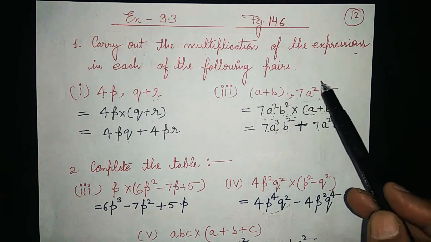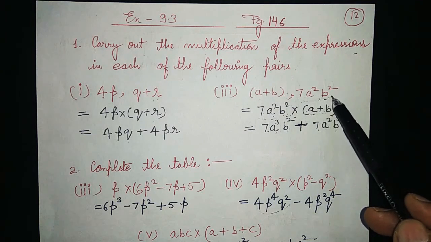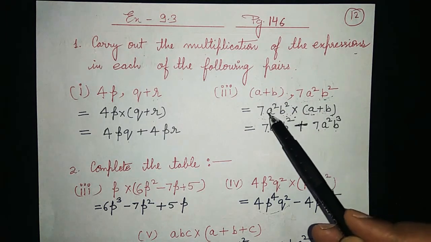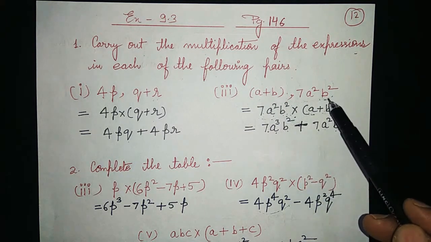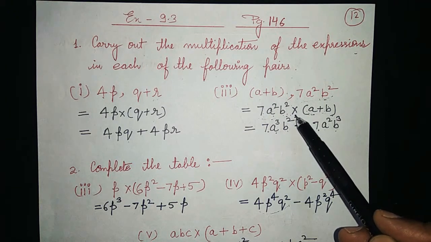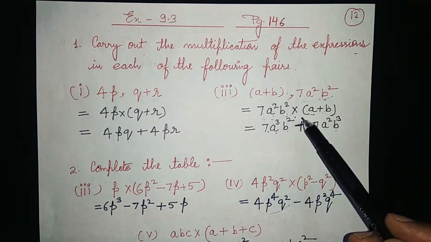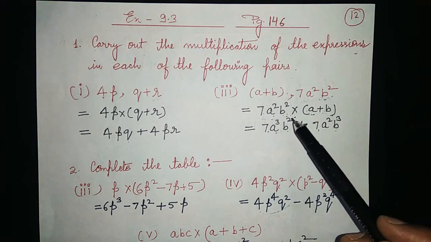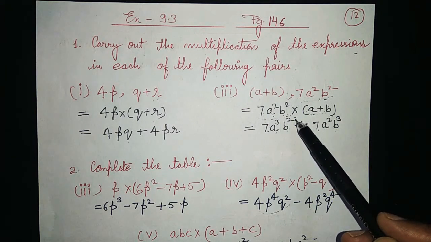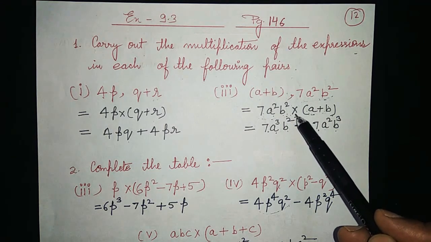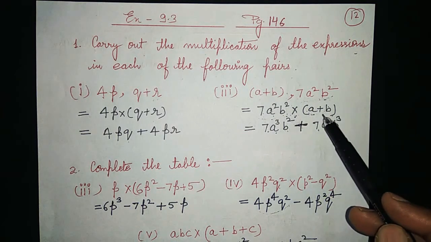And here 7a square b square is a monomial. Now we will write them with the sign of multiplication.